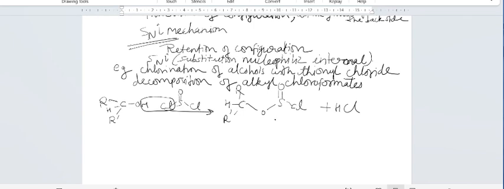Now this will give the formation of a carbonium ion, a carbocation here, and one negatively charged species.